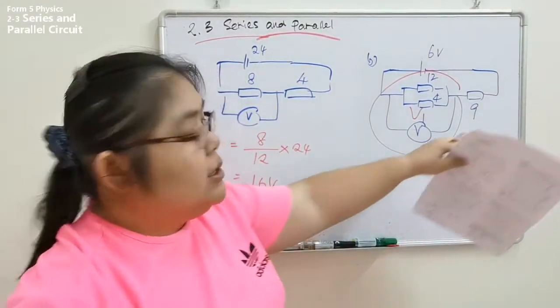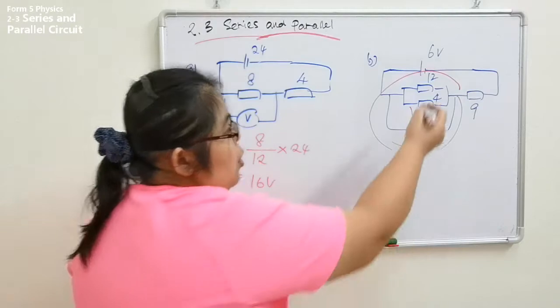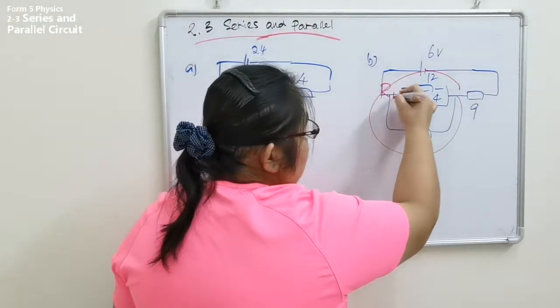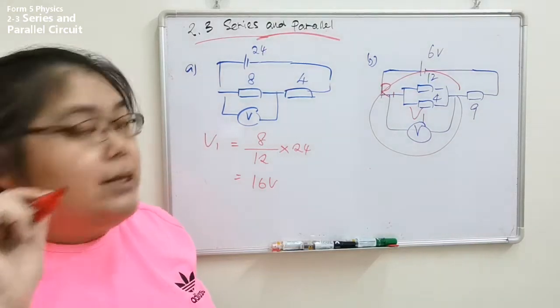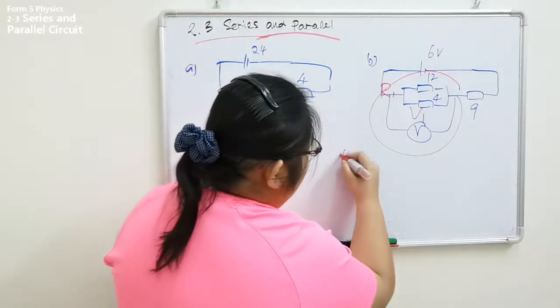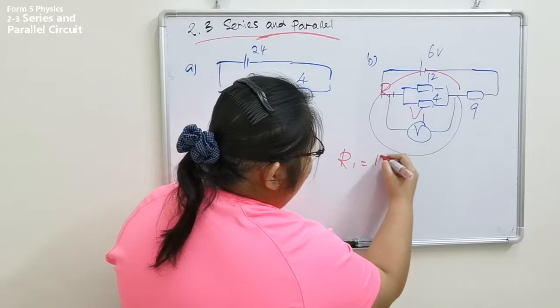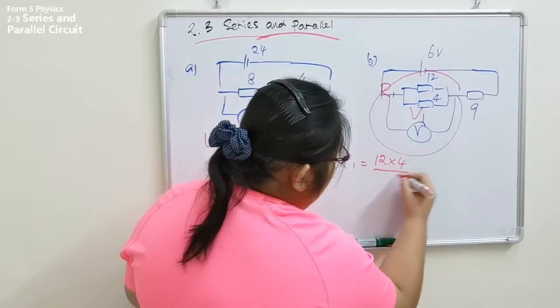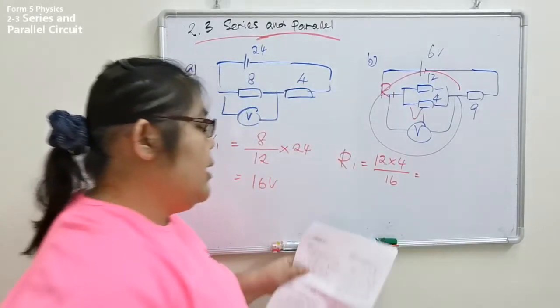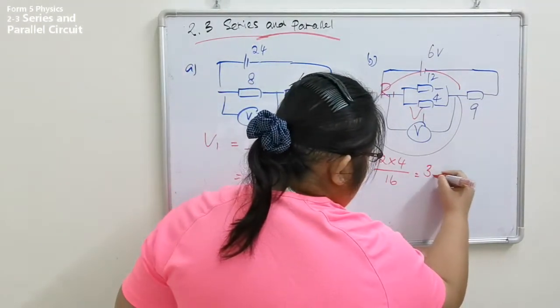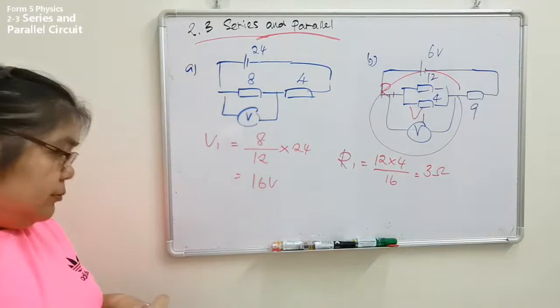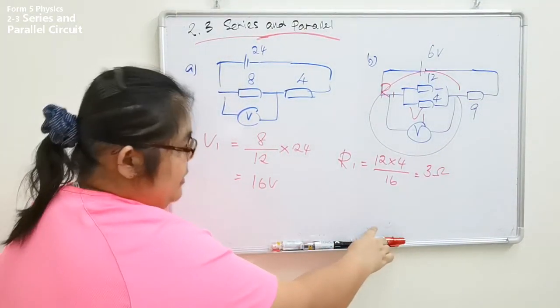If I put the voltmeter, that one becomes 2. So this one overall becomes R1, so I need to solve R1 first. I need to find out the total R1, which is 12 multiplied by 4 divided by 16. So I'm getting R1 is 3 ohm.